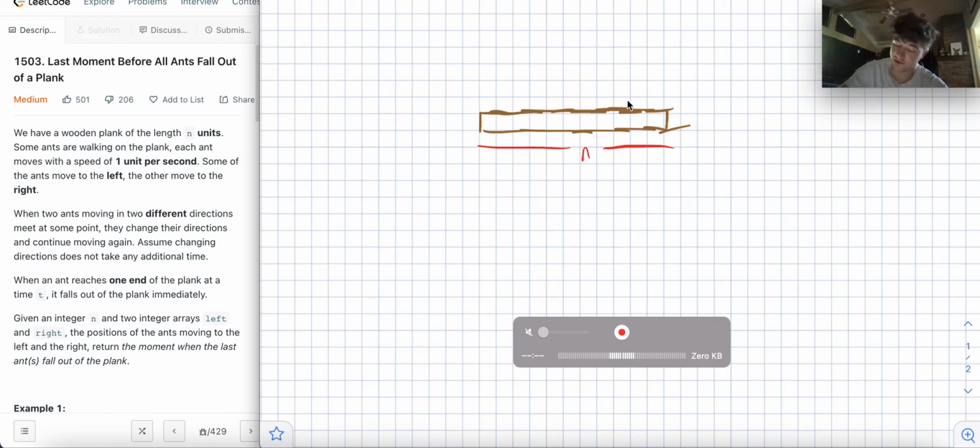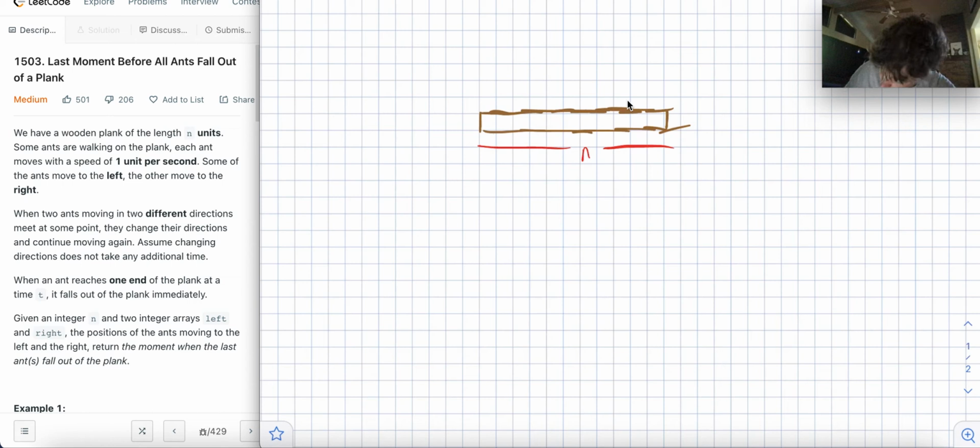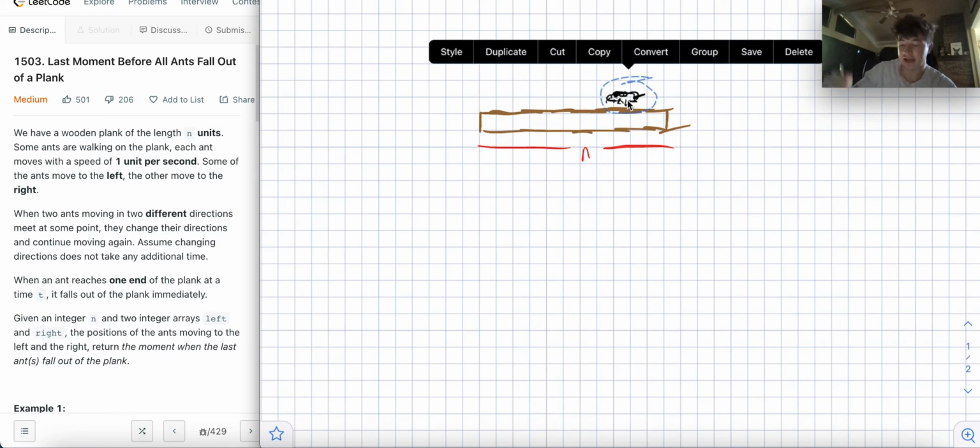If a little ant, let's draw a little ant. I'm going to do my best at drawing an ant. You guys are going to be so impressed by this. Does that look like an ant? This ant is over here, starts on the plank somewhere, and then the ant starts moving, right?